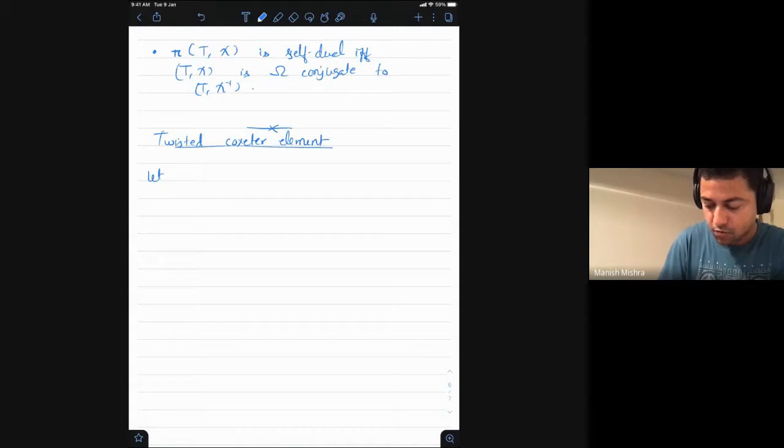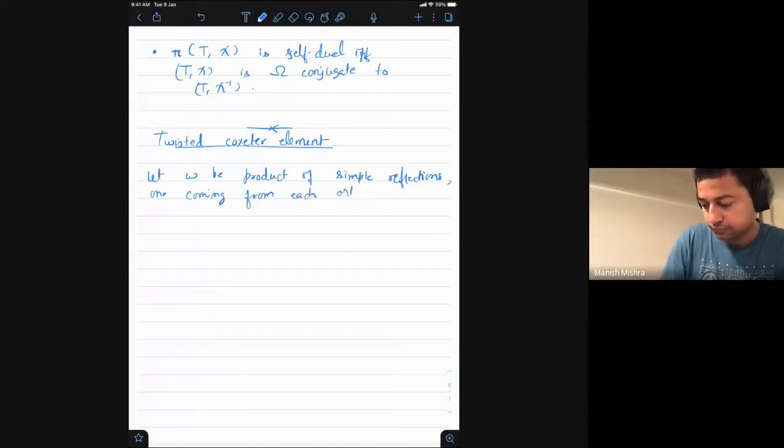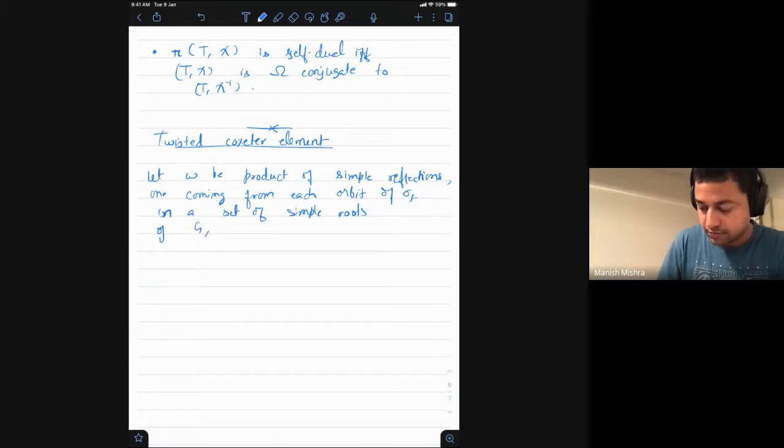Let omega be a product of simple reflections, but not all simple reflections, one coming from each orbit of sigma F in a set of simple roots of G, B_0, T_0.